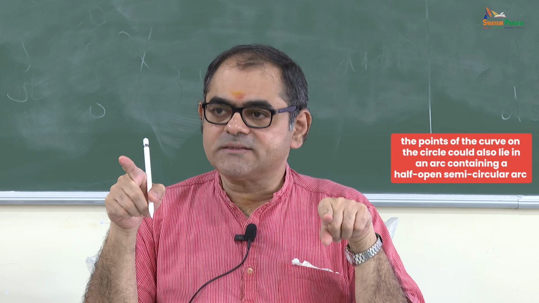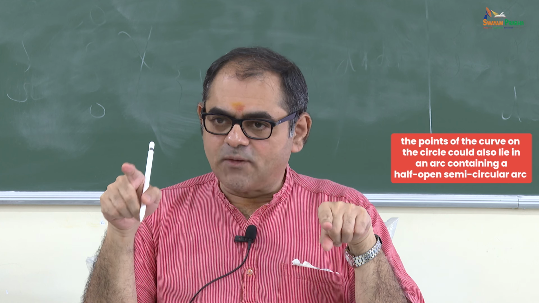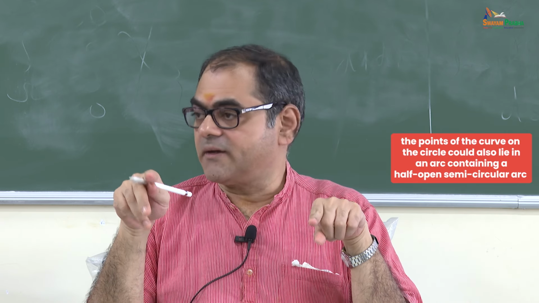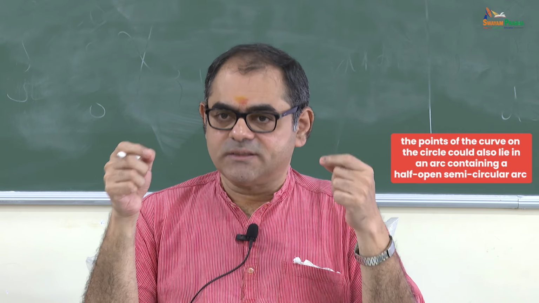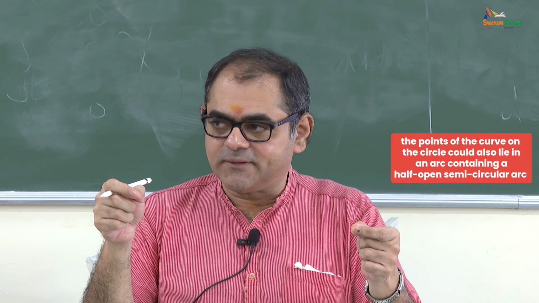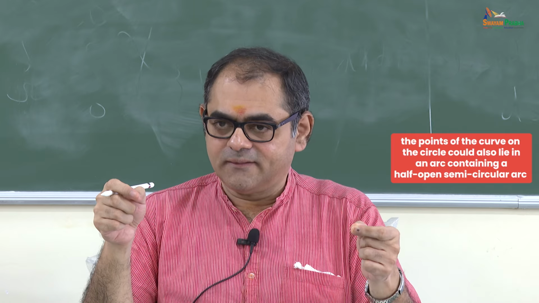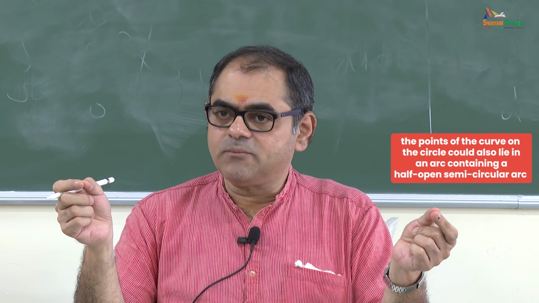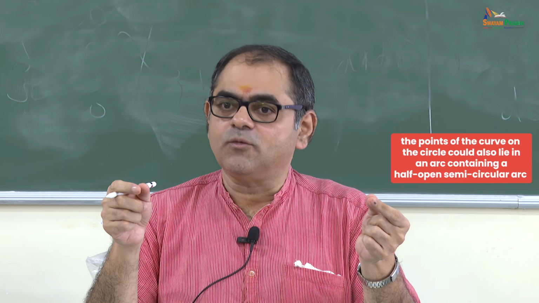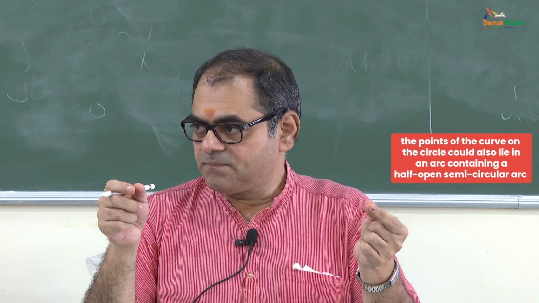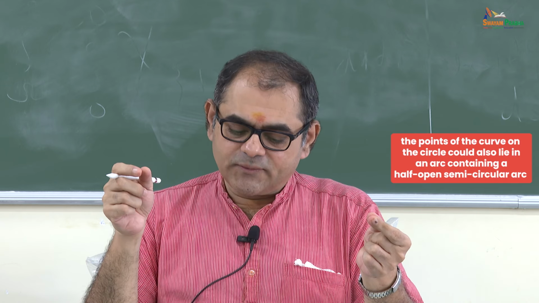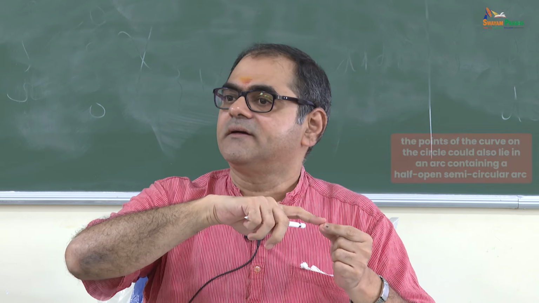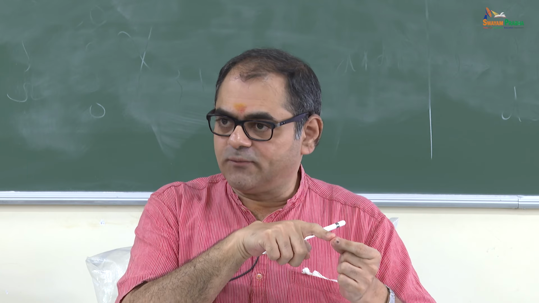It can lie in something bigger, but the smallest circular arc on which C intersection gamma can lie has to be a semicircular arc with at least one endpoint included, because claim 1 says that if you remove both endpoints, it cannot lie in any open semicircular arc, all right. Therefore, you take this extreme case when C's intersection gamma lies on a semicircular arc with one endpoint included, okay.